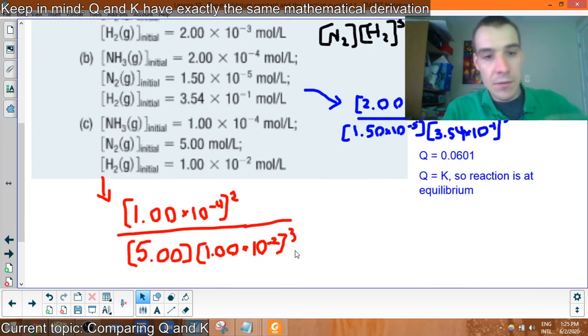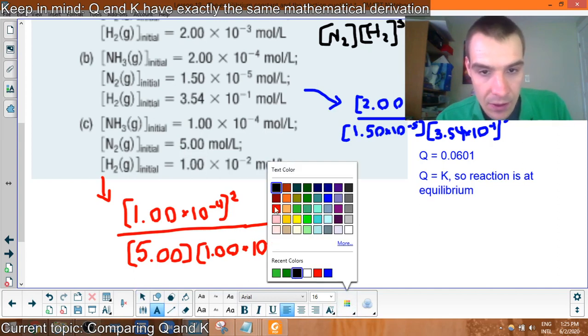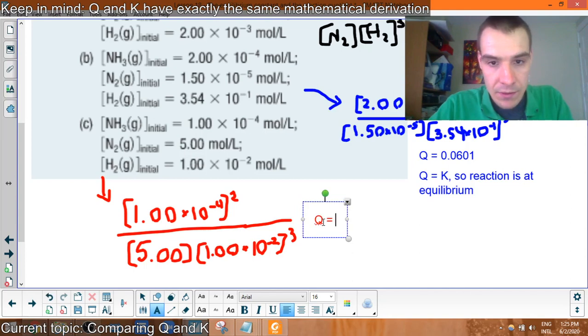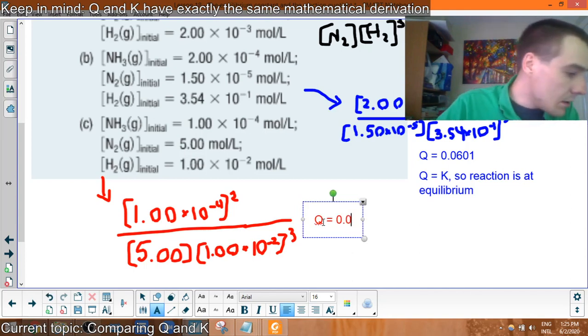Let's work out our Q. 1 times 10 to the negative 4, we're squaring that, dividing it by, I'm going to open a bracket, 5 times 1 times 10 to the negative 2 cubed. This one gives me a Q of 0.002.